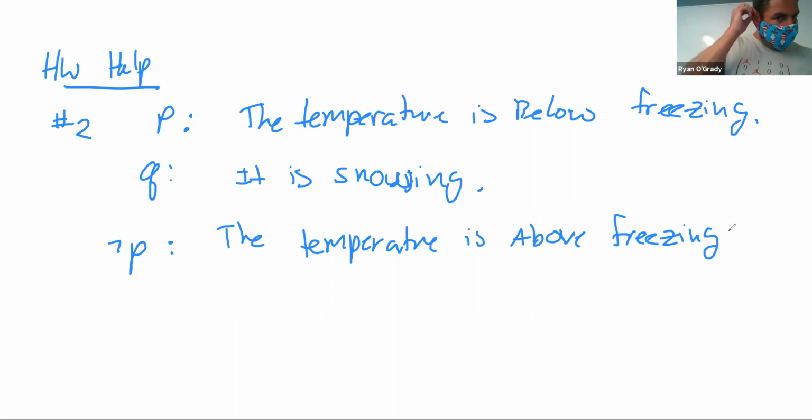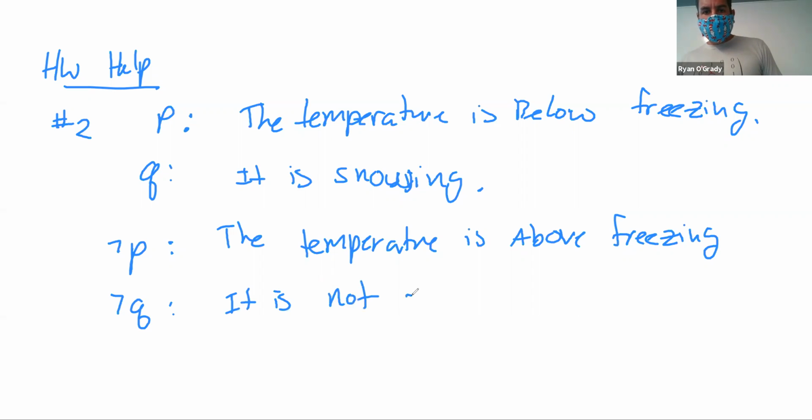And then for full clarity, what if we said not Q? We might say it is not snowing. So to build up, I don't want to do all of them.